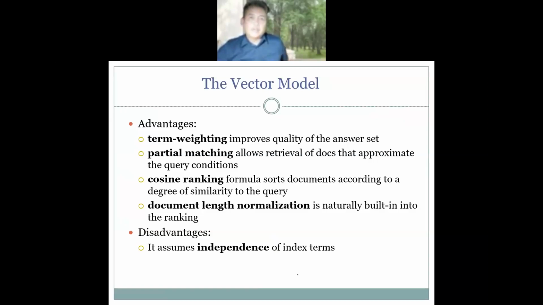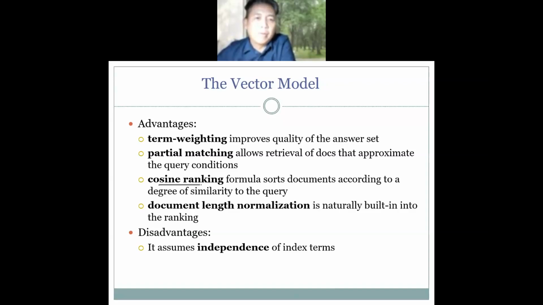So the advantage of the vector model is that the term weighting improves the quality of the answer set by giving the user the chance to quantify the differences between the query and the document. Also, partial matching allows retrieval of documents. Partial matching means you can have one or two keywords compared to the whole document, because we are now able to compute the weightage for individual terms in the query and in the document.